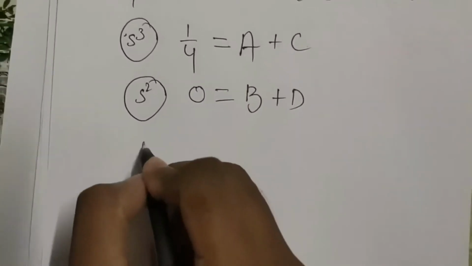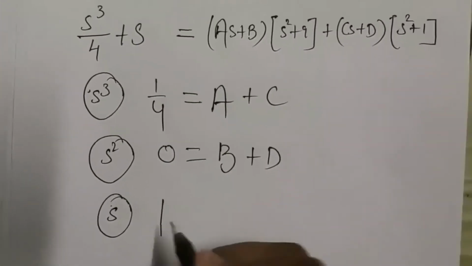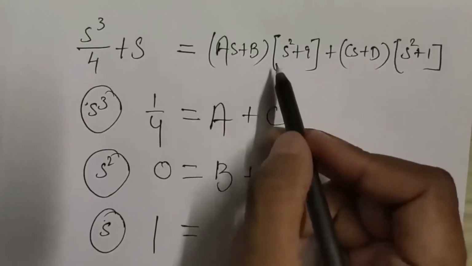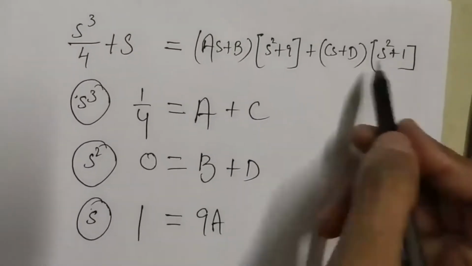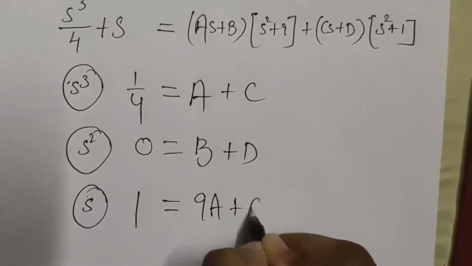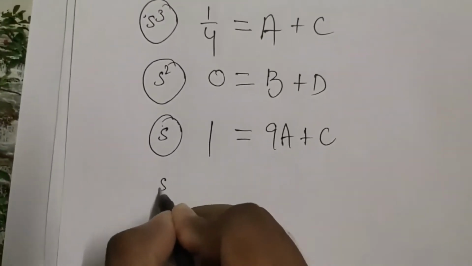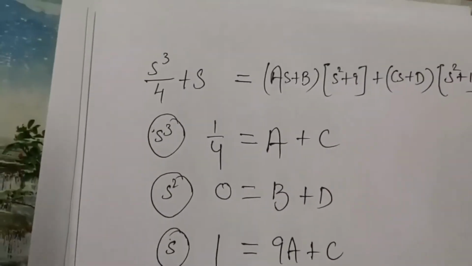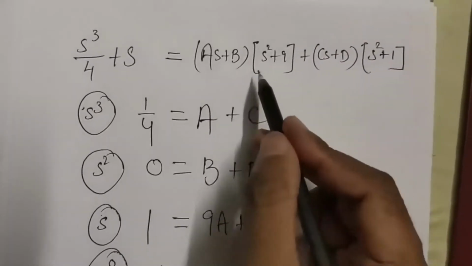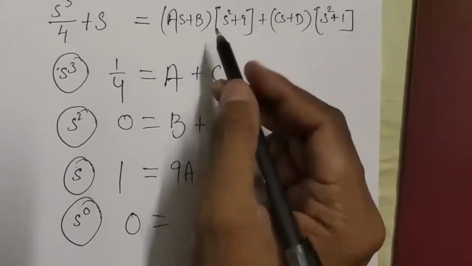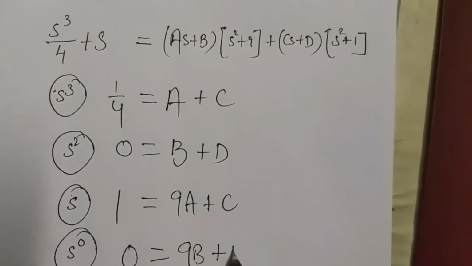If I compare s terms, it is 1 on left hand side, on right hand side it is 9a plus c. And lastly, the constant term: there is no constant term on LHS, so 0 is equal to 9b plus d.